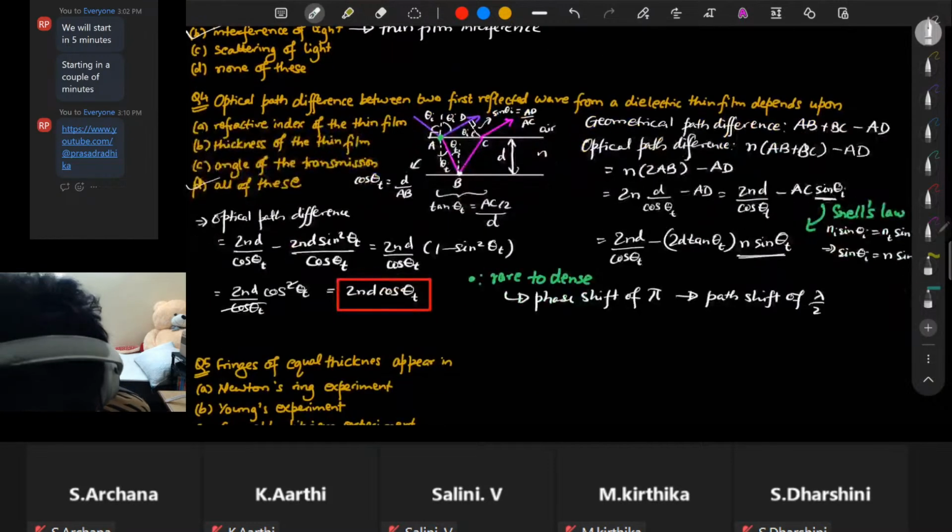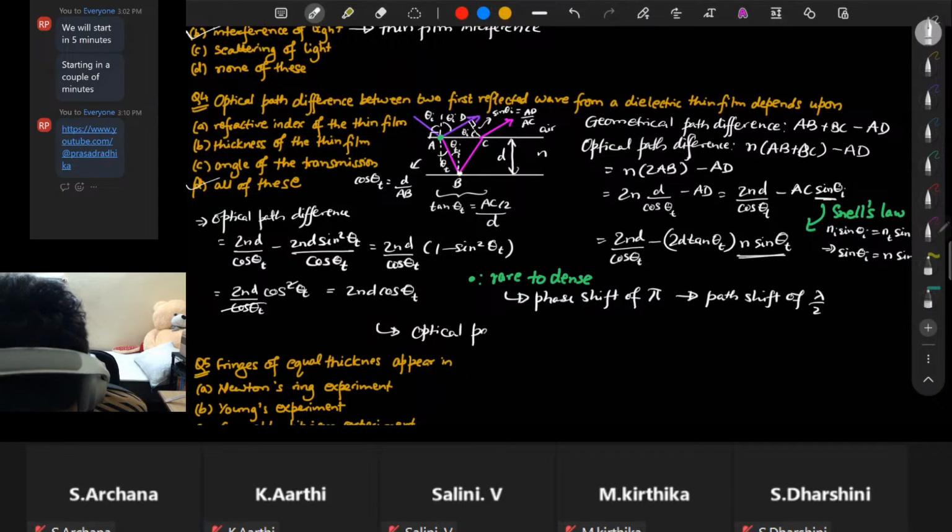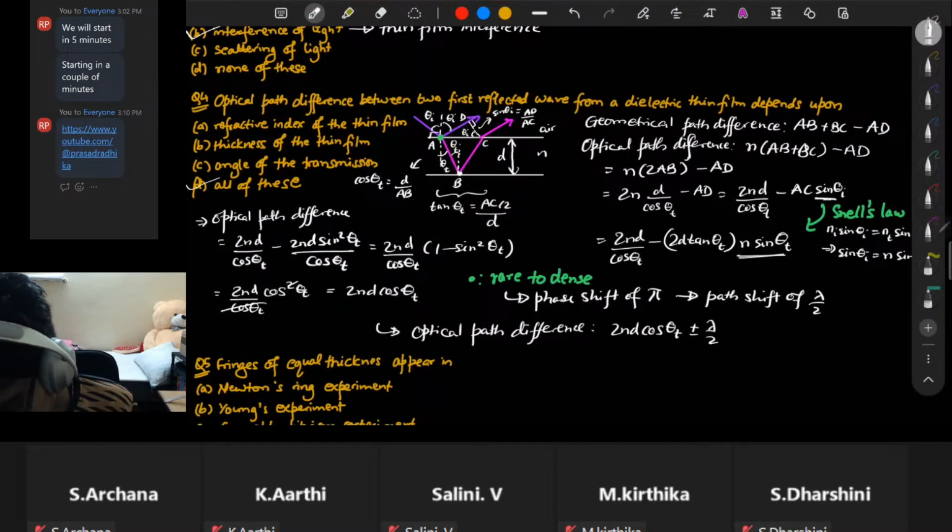So incorporating that, the optical path difference would then be 2ND cos theta T plus or minus lambda by 2. The sign does not matter.